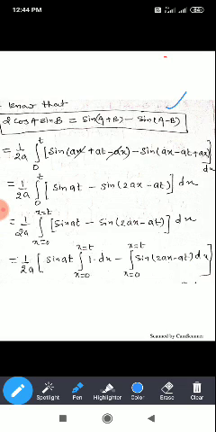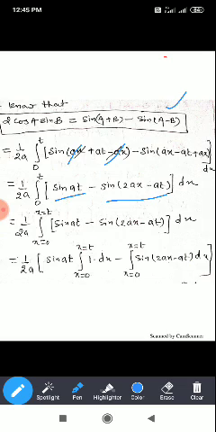This is equal to 1 upon 2a, with limit varying from 0 to t, of sin(ax + at − ax) − sin(ax − at + ax) dx. We can easily cancel ax. So after simplifying, this term is converted into sin at, and the second term is sin(2ax − at) dx.